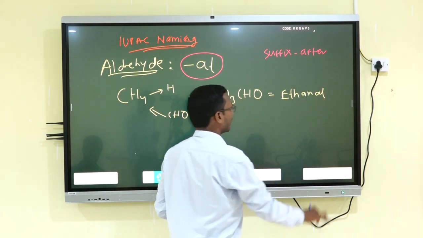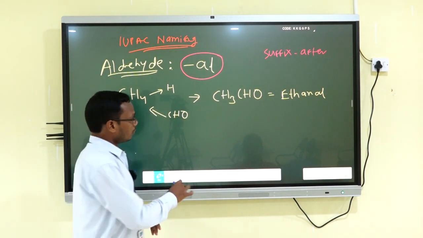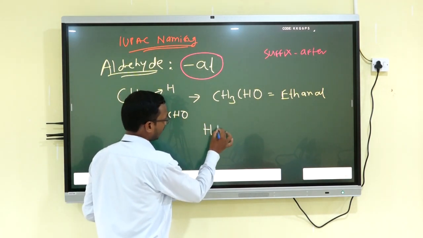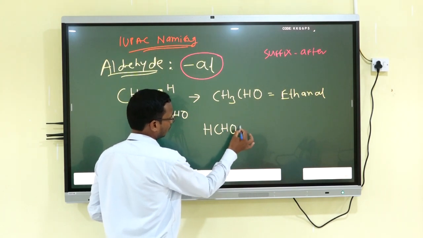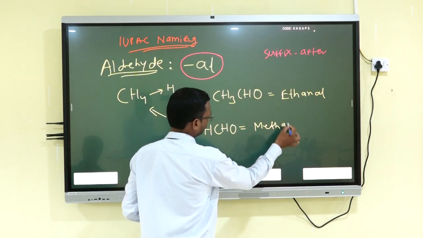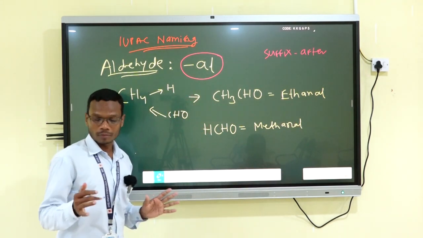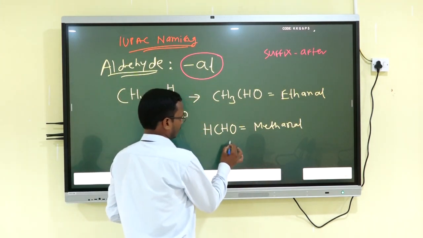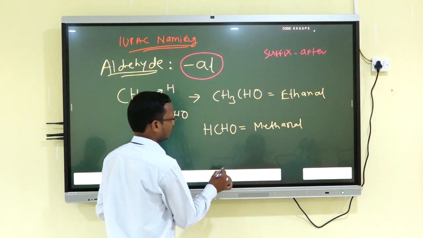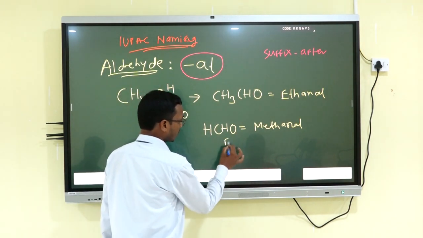Ethanal. So what is the first compound? The first compound is HCHO. It is methanal. In common names you can say formaldehyde and acetaldehyde.